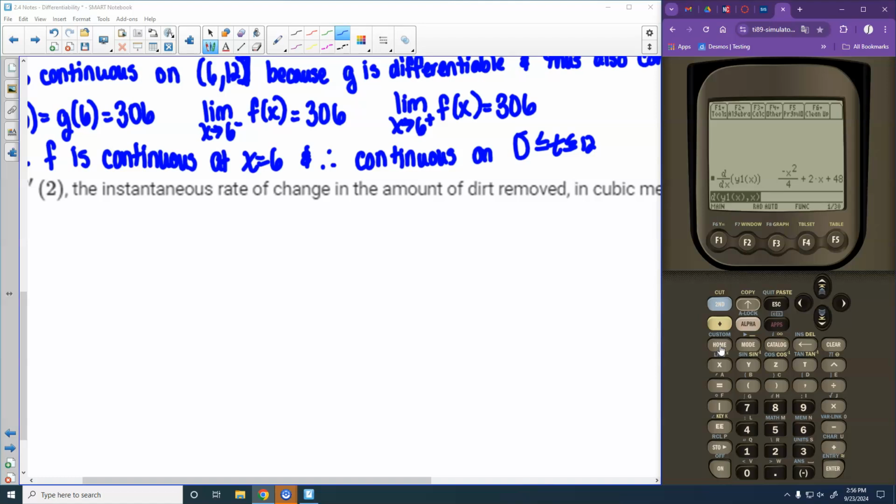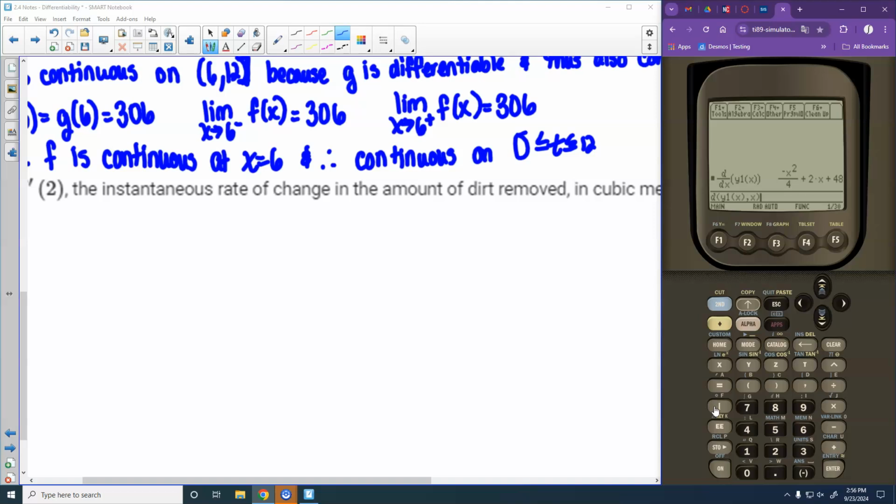Okay? So what we could do is we could now just plug 2 into this equation that we're given. But the calculator will even do that for us. It should just put that derivative you just typed in into the next line when you hit enter. This button right here next to your 7, it looks like just a straight line.